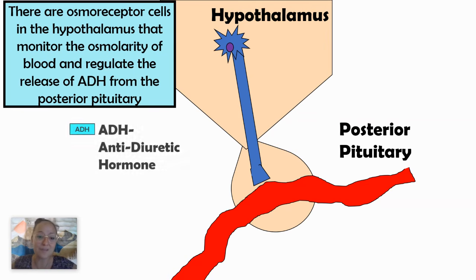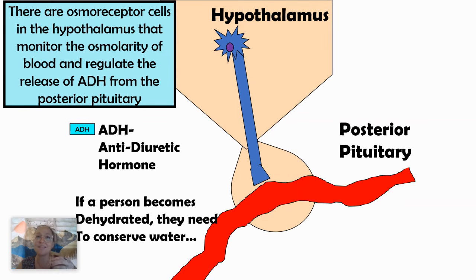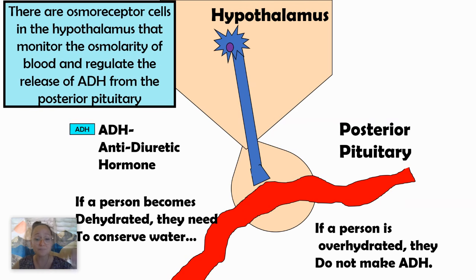So here's what's going to happen. We have this hormone called antidiuretic hormone, basically anti-diuretic, like anti-pee. If you are dehydrated and your blood is becoming hyperosmotic, with lots of solutes in your blood, then the hypothalamus will produce ADH, which is released from the posterior pituitary and travels in the bloodstream to your kidneys.